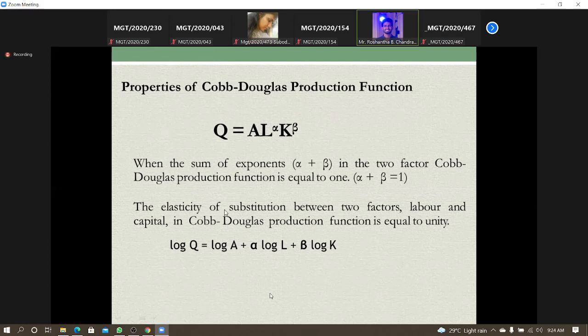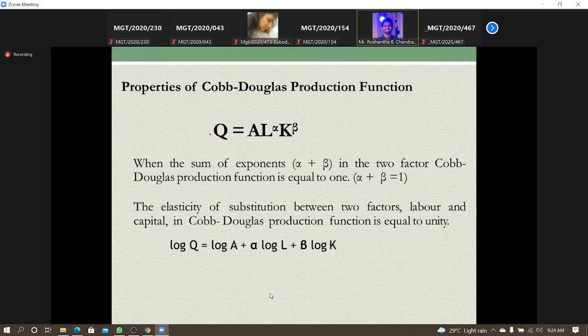The elasticity of substitution between the two factors, labor and capital, in the Cobb-Douglas production function is equal to unity. So the thing that we need to identify is when this linear or non-linear pattern is here.